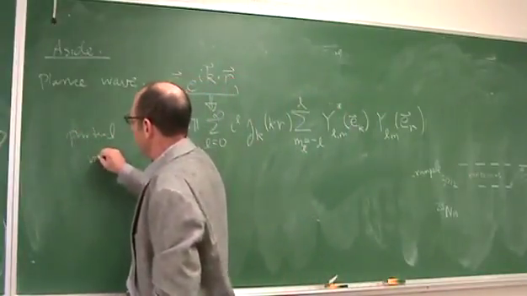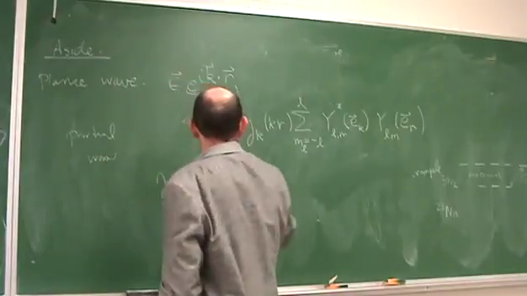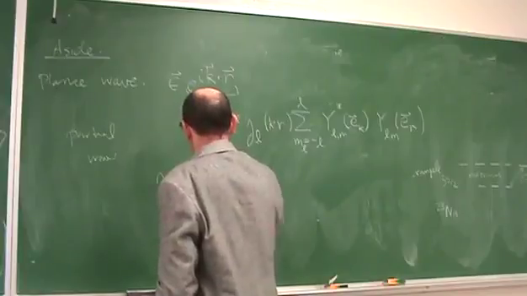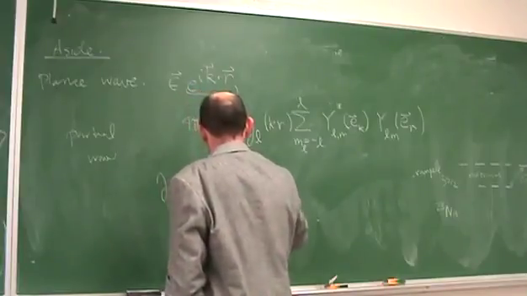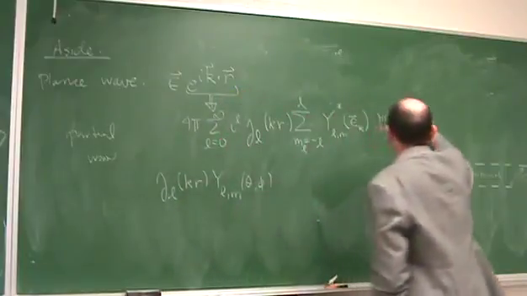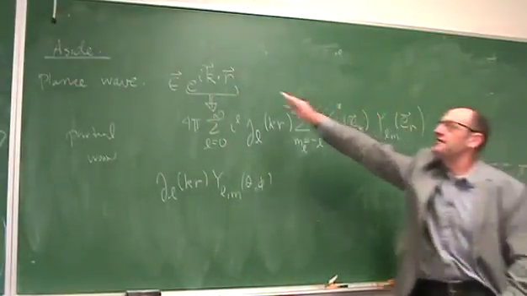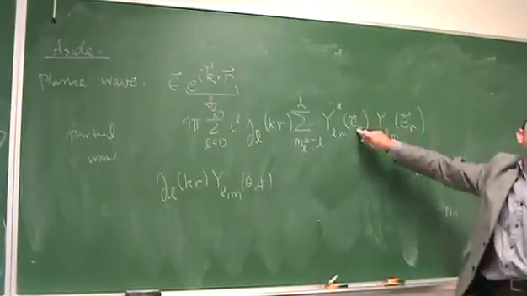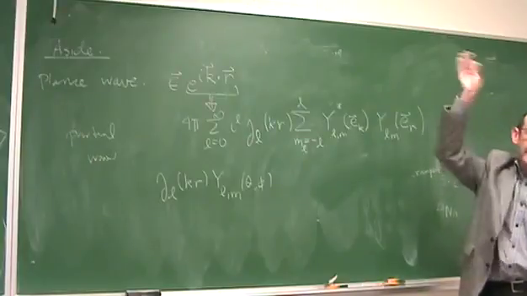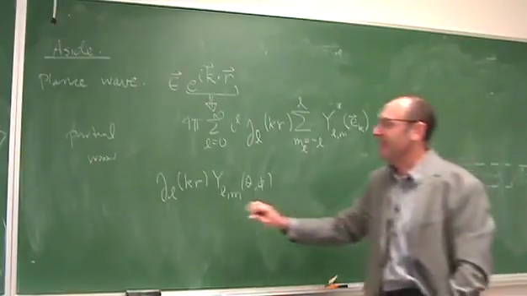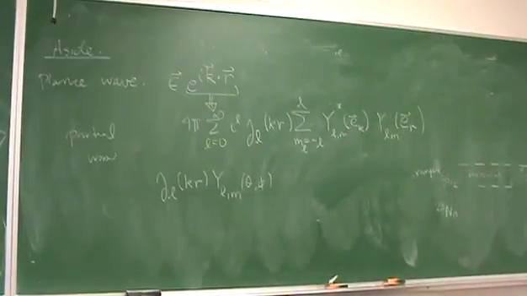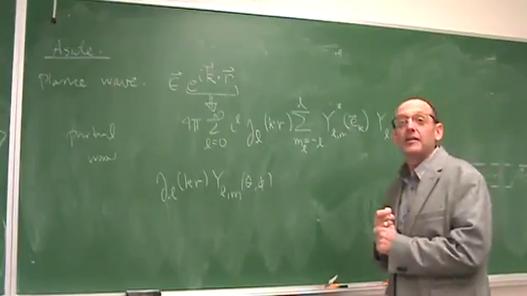Each of the partial waves, sorry, that's j sub l. When I write r hat here, this is the direction of the position vector in space, which is denoted by angles theta and phi, and this is the direction of the k vector in space, which has its own angles. So there are terms here which look like this. These are eigenstates of L squared and Lz.